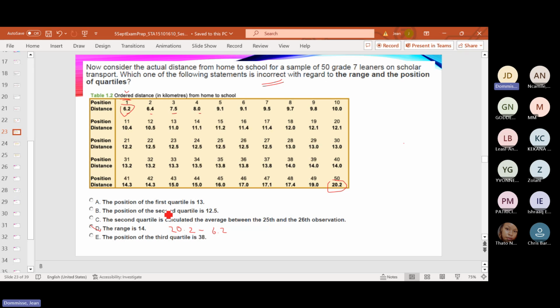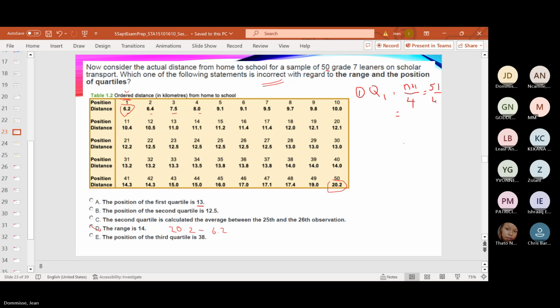The position of a first quartile is 13. Okay, so if we look at how to work out Q1, the formula is n plus 1 divided by 4. In this instance, they did tell us there's 50, so 51 divided by 4.